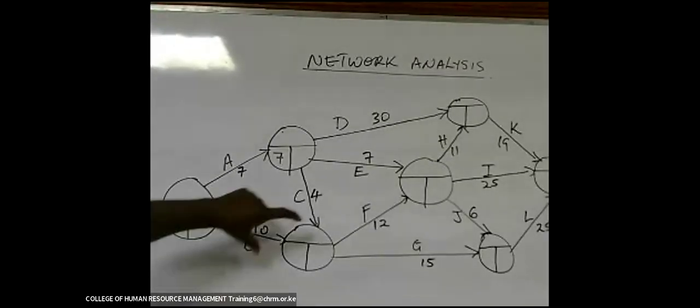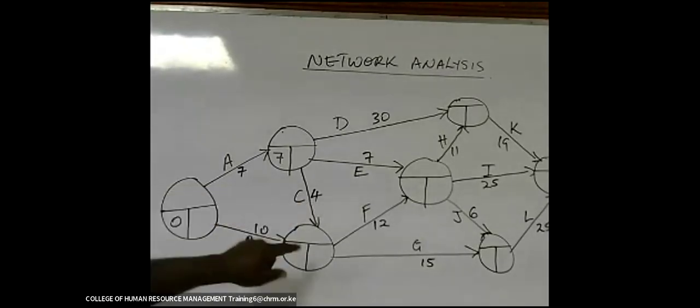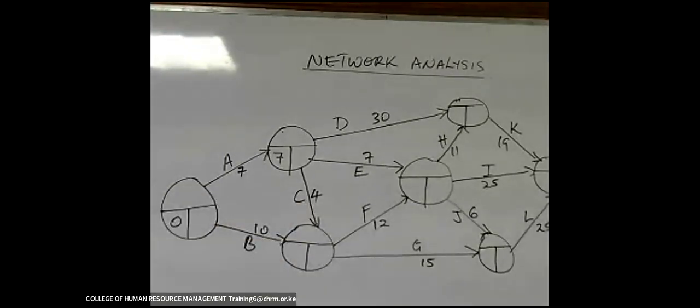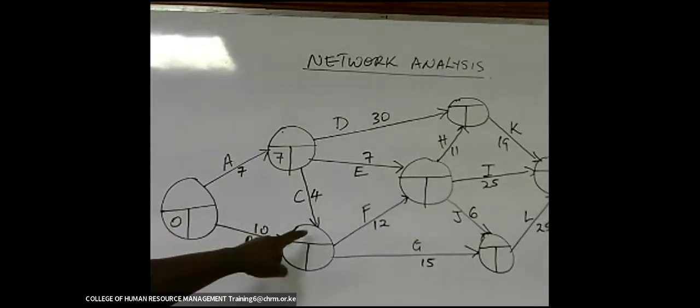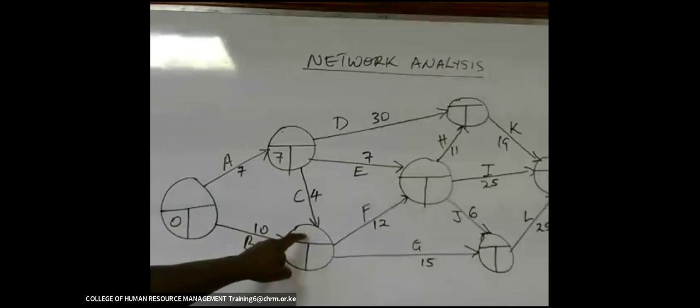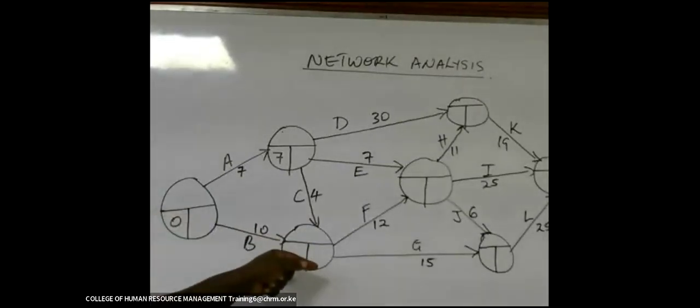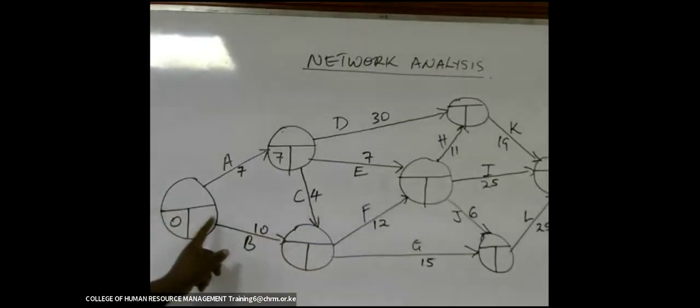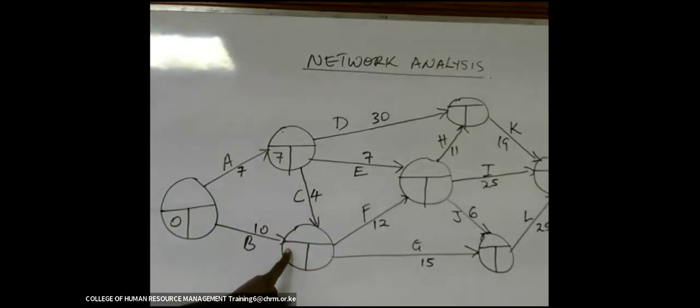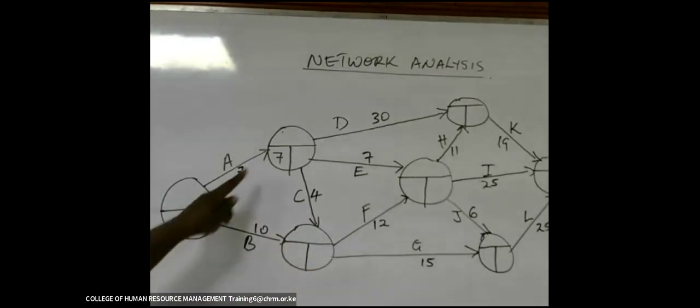Where we have got 2 arrows pointing to the same circle, we need to determine the longest duration. To come here, we can either move to A then C, or we can go with B direct. If we use B direct, it is going to take 10.